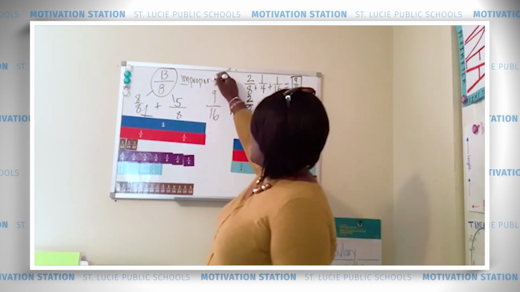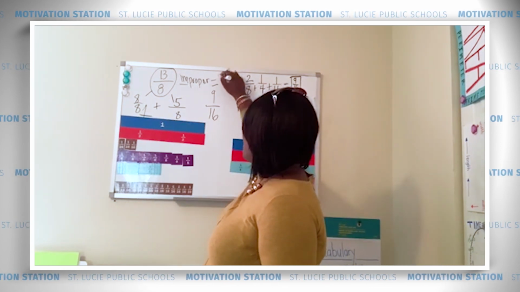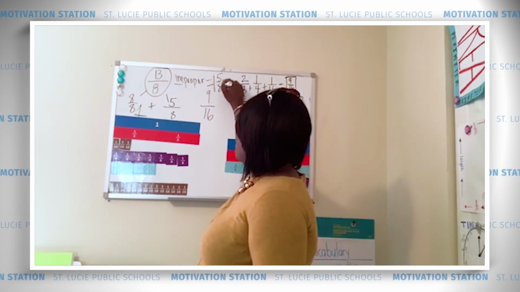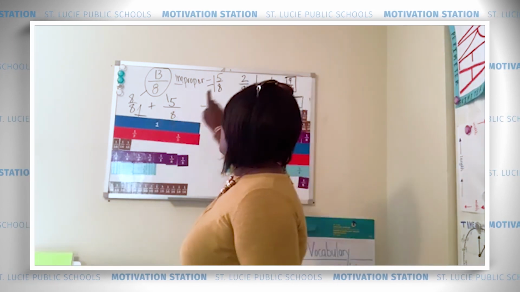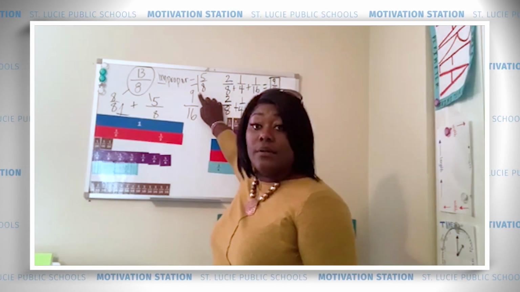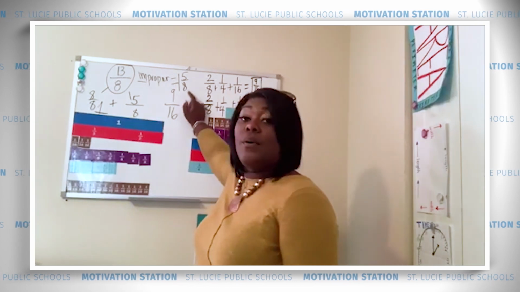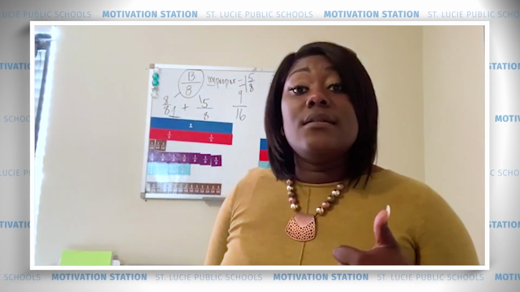So 13/8 can be written as a mixed number of 1 whole and 5/8. A mixed number is a number that is part whole number and part fraction. So we learned about proper fractions, improper fractions, which are not proper fractions, or fractions that are greater than 1, and mixed numbers.